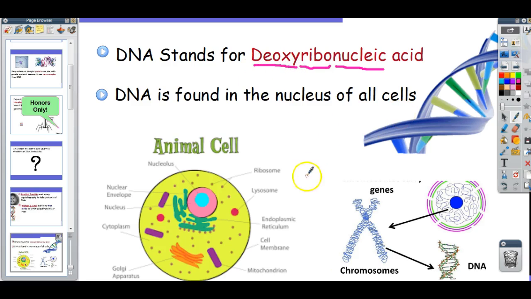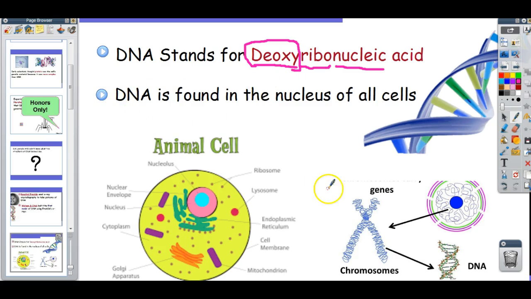I showed some of you yesterday that it's missing an oxygen. Normally the sugar that's in DNA has oxygens on all 5 of its sides, but it's missing one oxygen. That's why we call it deoxy, because it's missing one oxygen.